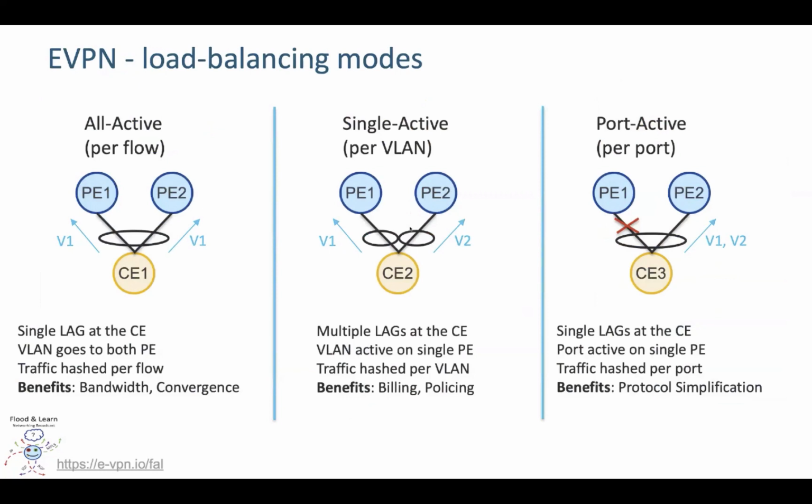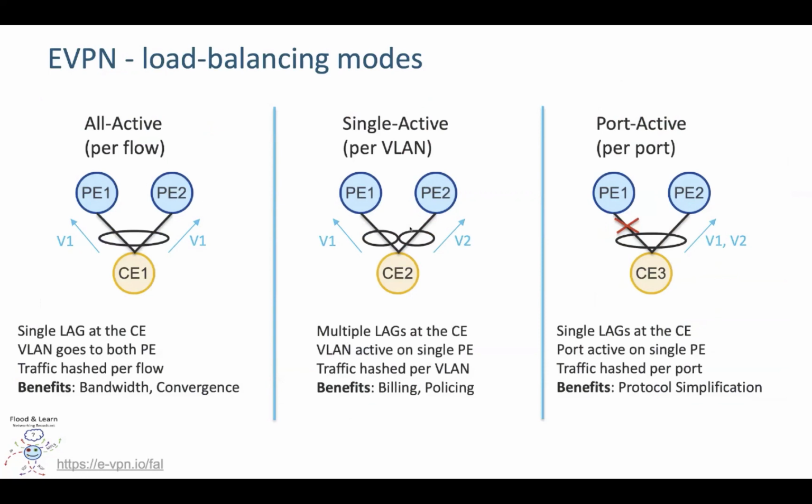So it's a completely transparent bundle, and you are doing balancing per flow. This is not like multi-chassis LACP or other protocols where you cannot do per-flow load balancing. Here, the CE really thinks it's connected to a single device. This is the most important use case for EVPN, and you should definitely consider this as the primary load balancing mode for EVPN.